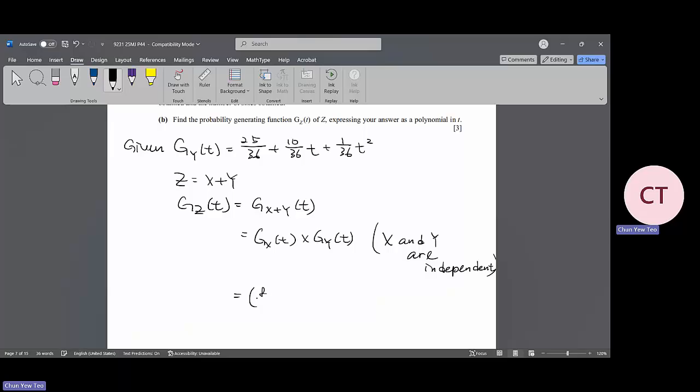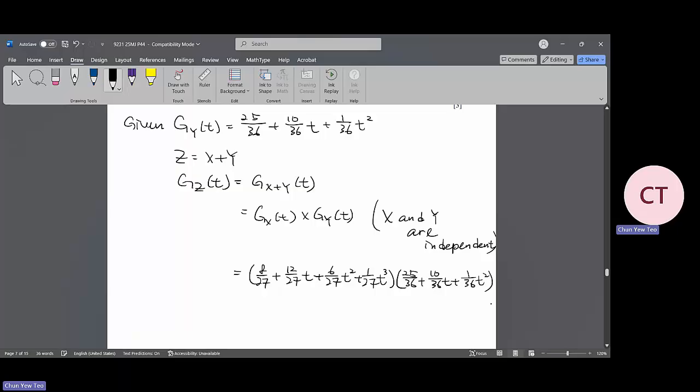So this will be the same as the long way to multiply: 8 over 27 plus 12 over 27 t plus 6 over 27 t squared plus 1 over 27 t cubed, multiplied by 25 over 36 plus 10 over 36 t plus 1 over 36 t squared.